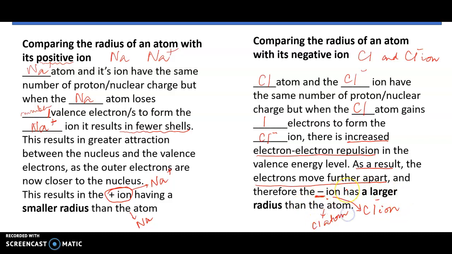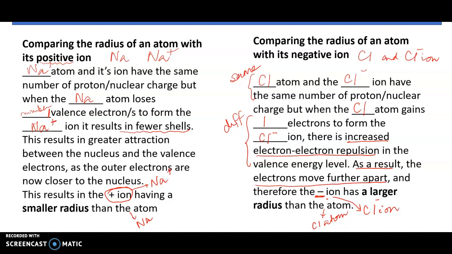So just reviewing how you'd write the answer for a negative ion, you actually talk about what is similar. The atom and its ion have the same number of protons, same nuclear charge, but then something is different. The atom has now gained one electron.